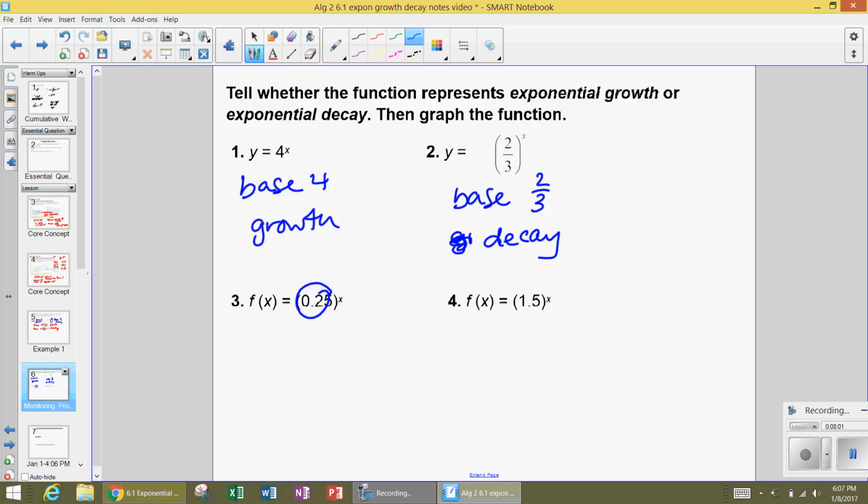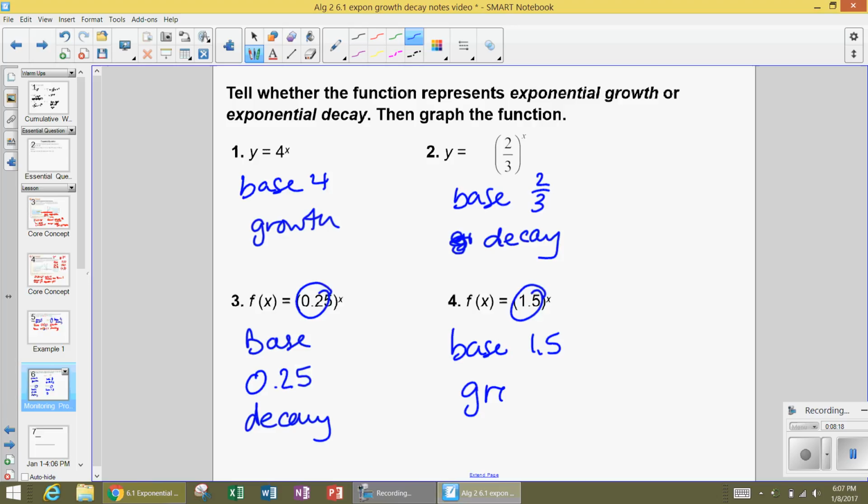Number 3, your base is 0.25. That's smaller than 1, so this is going to be decay. And on number 4, your base in this case is 1.5, so that's bigger than 1. That's going to be growth. I hope you got those right.